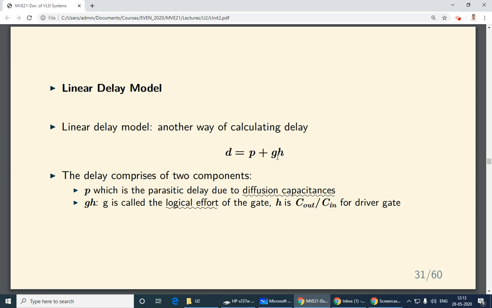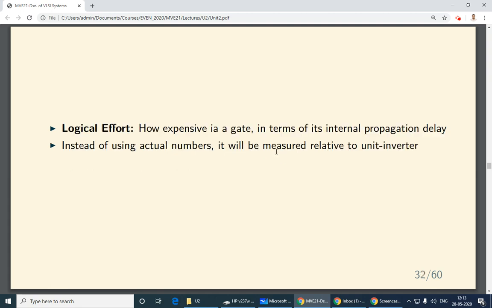First we will start with the first term, logical effort, or G. Logical effort is a number, and what is this number? This number is going to tell us in some terms what is the cost of a gate. We have many gates, right? The simplest is the inverter, then we have two input gates, NAND gate, NOR gate, the same with three input gates, and many other gates, compound gates, all those gates are there.